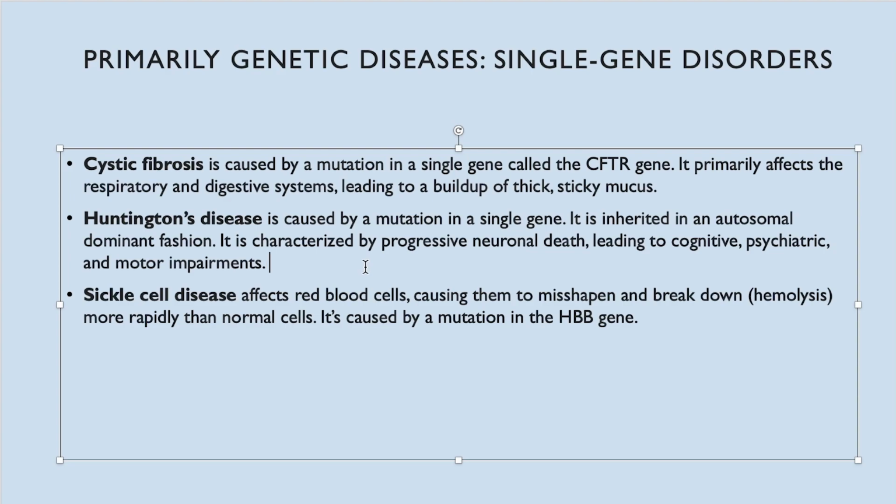It is a triplet: cytosine, adenine, guanine, that is repeated many times, tens and tens of times, CAG, CAG, CAG, and leads to the production of a protein in excess, a protein that is called huntingtin, and that protein accumulates and destroys the neurons, leading to a dementia with some motor disorders. Sickle cell disease, a mutation in the hemoglobin gene, producing excessive hemolysis as a result of the sickling of the red blood cells.